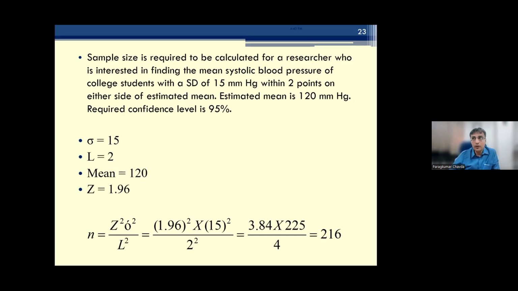So, for example, one of the things that we can do is ensure that within that research, only one person takes all the blood pressure readings. That would reduce the amount of variability when we have multiple people taking blood pressure readings. So let's say if multiple people are taking readings, standard deviation might be 15 millimeters of mercury.